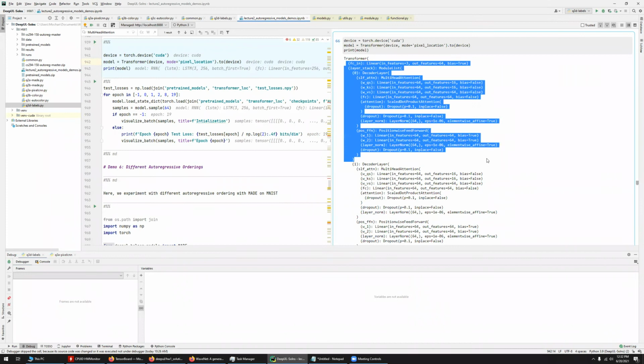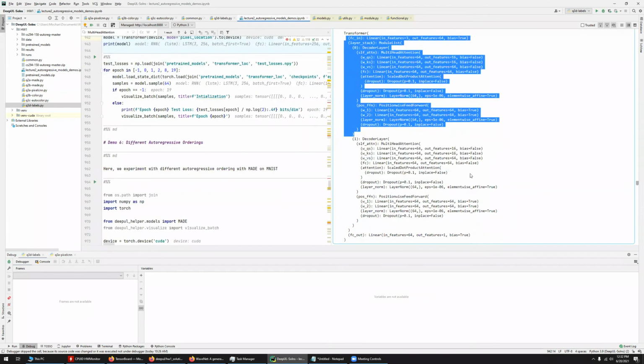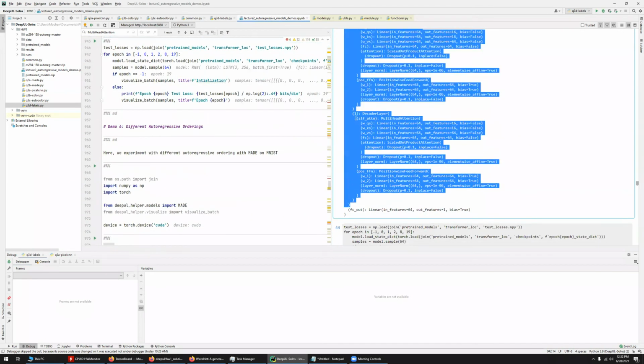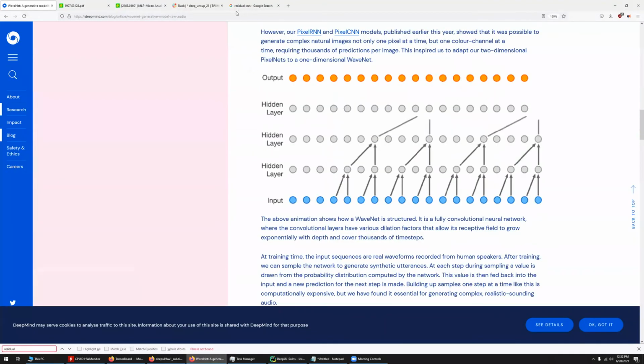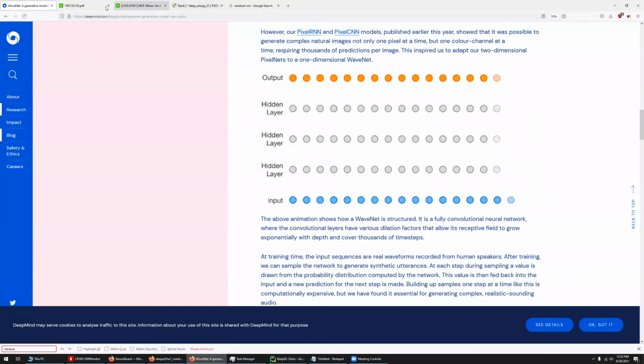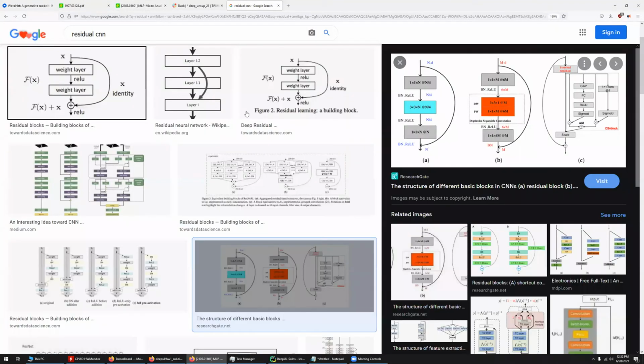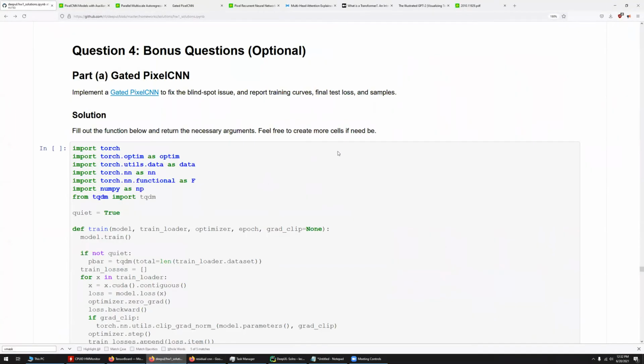And then there's a decoder layer, and then another decoder layer. And then there's a linear one that probably puts it back into the right shape. So I have some pages about transformers.